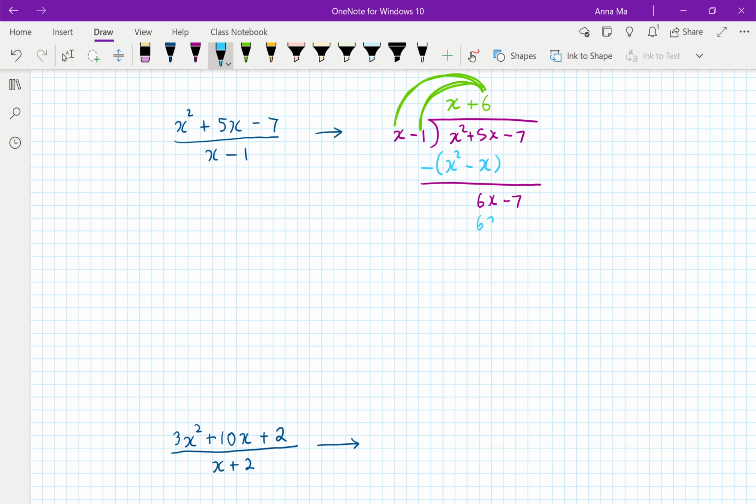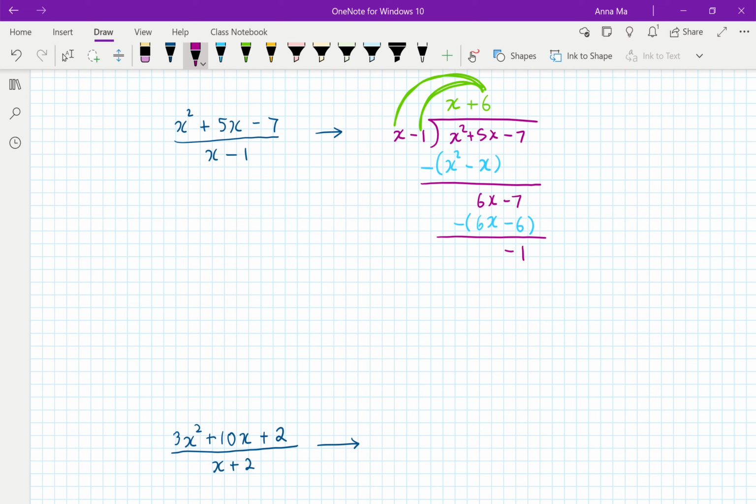So I get 6 times x, 6 times negative 1, and subtract that whole thing from whatever you had remaining before. So 6x minus 6x, of course nothing. Negative 6 minus negative 6, minus 7 minus negative 6 would be negative 7 plus 6. So that gives me negative 1 as a result.